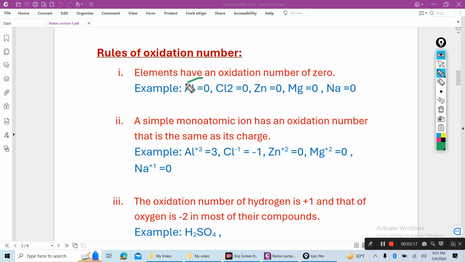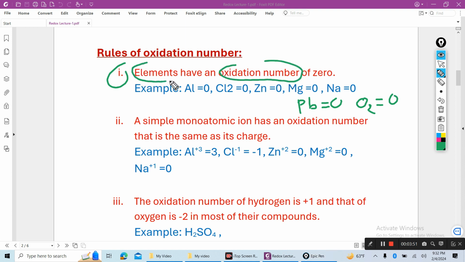Say aluminium 0, chlorine 0, zinc 0, magnesium 0, sodium 0, lead Pb 0, O2 oxygen 0. The oxidation number of an element is 0. This is the first rule.